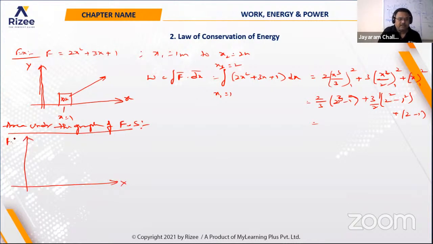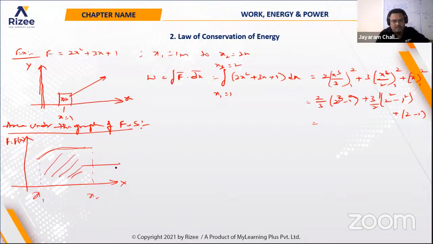Let the force be some function of x like this, some sort of a parabolic shape. The work done in this case is going to be the area under this particular curve, between x1 and x2. So this entire area will provide you the work done. Fine. So this is another important case, please.